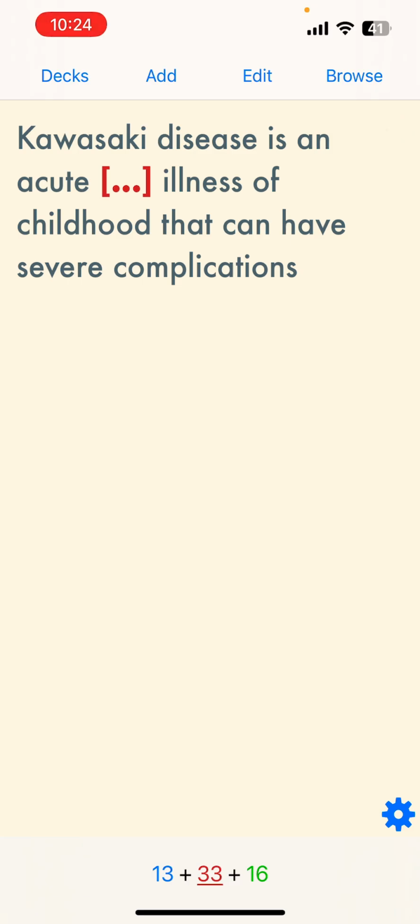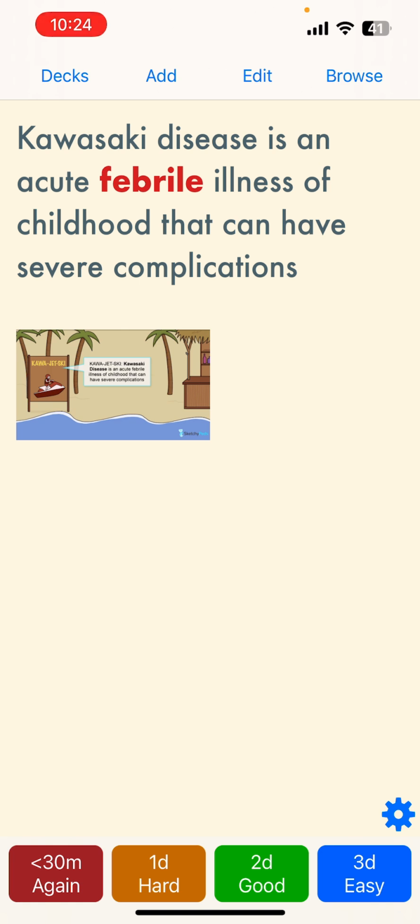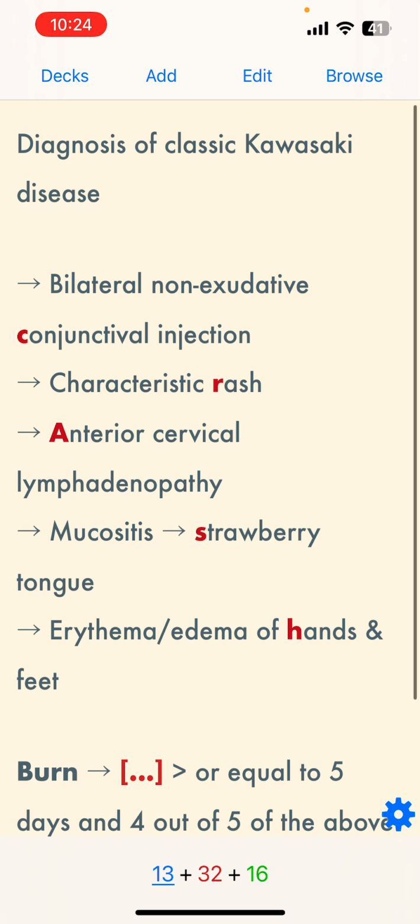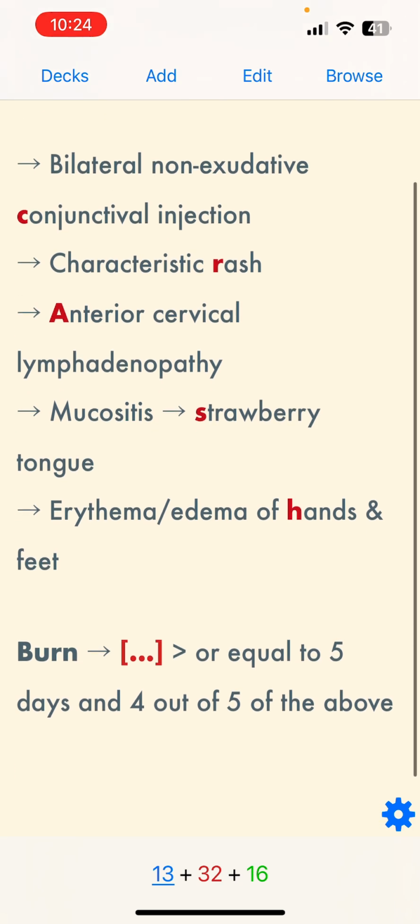Kawasaki disease is an acute febrile illness of childhood that can have severe complications. Diagnostic classification of Kawasaki disease: they get bilateral, non-exudative conjunctival injection, basically conjunctivitis. They get a characteristic rash, which is a polymorphous rash.